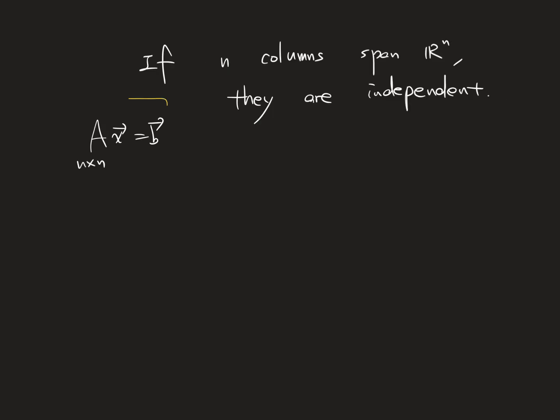So we are still thinking of this equation. If n columns of A span Rn, and they're independent, because we know that the n columns belong to Rn, but right now they are spanning, so we can say they are linearly independent. So we can say Ax equal to b has only one solution.